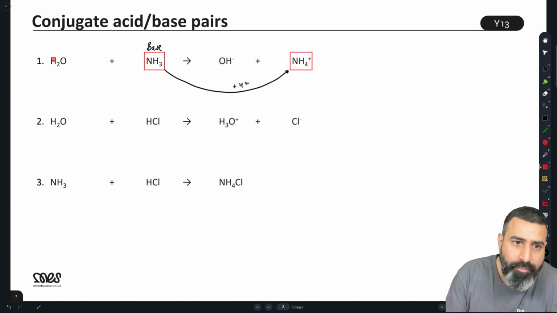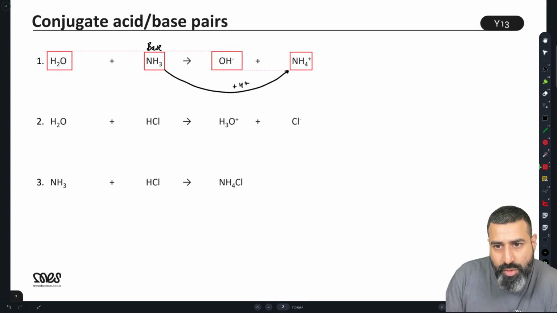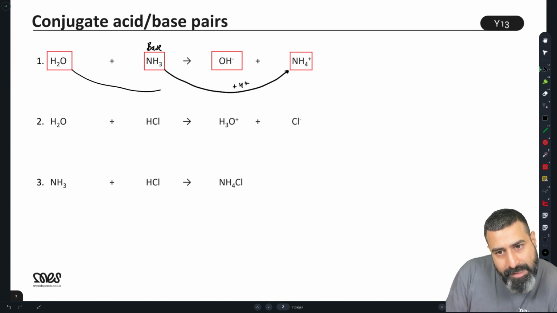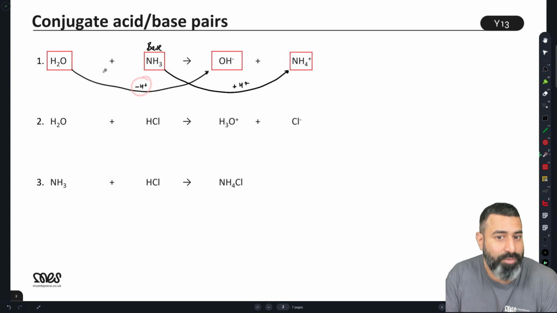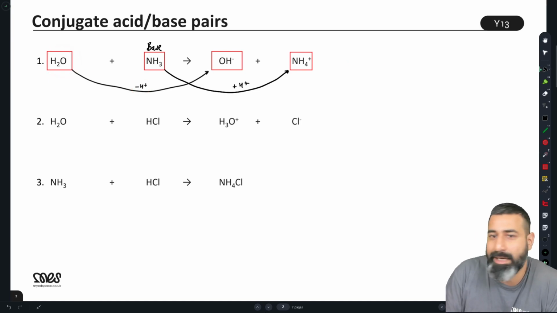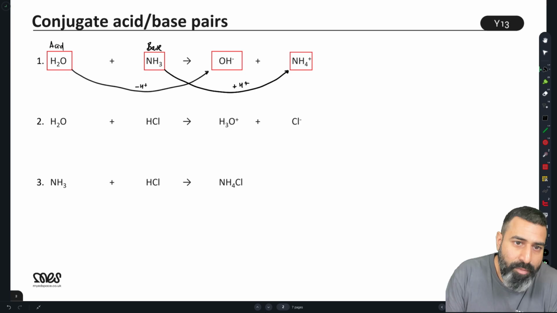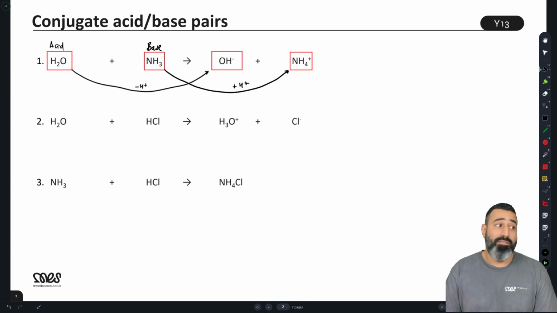What's happened to my H2O? My H2O has gone to OH-, so this guy has lost a proton. If this guy has lost or donated a proton, this must be behaving like an acid because it's giving out protons. And there are my acid-base pairs.